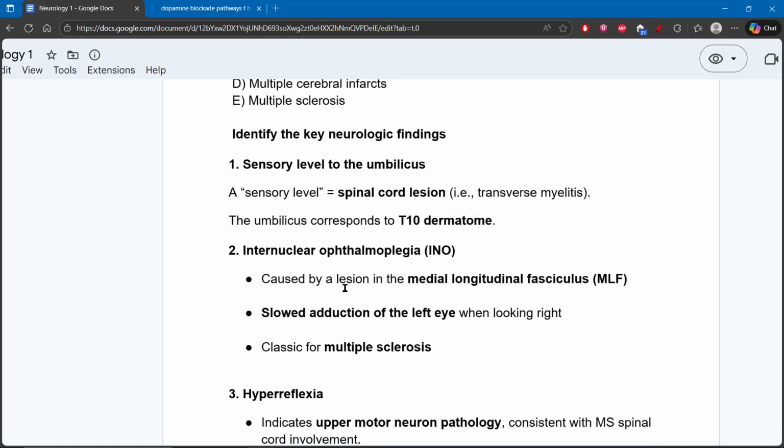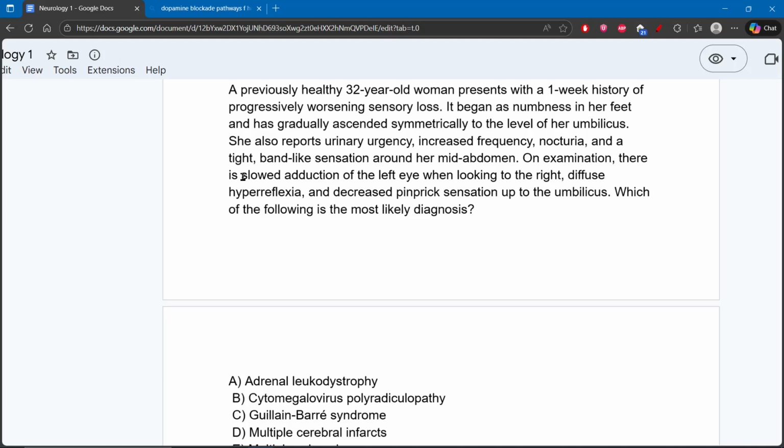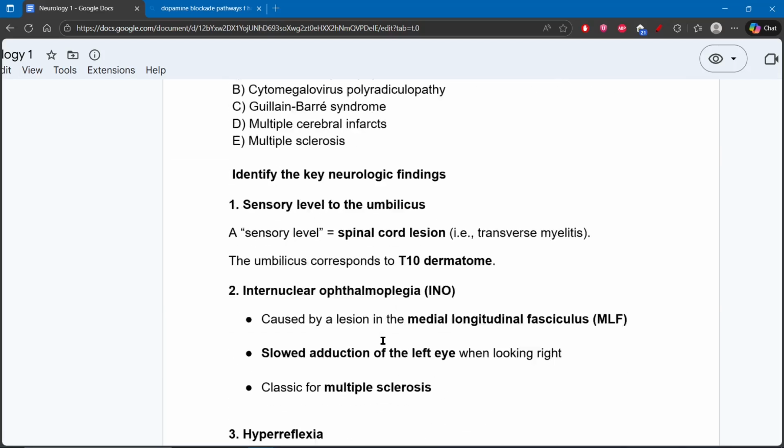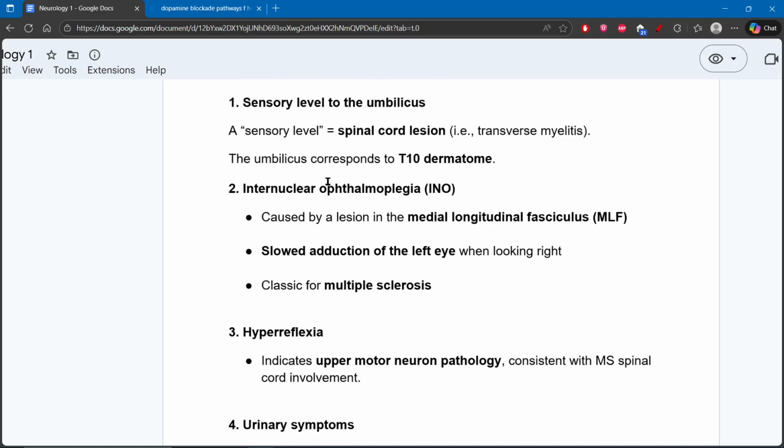Now, internuclear ophthalmoplegia is also given, as you can see that there is slow adduction of the left eye when looking to the right. This is internuclear ophthalmoplegia, which means that the medial longitudinal fasciculus is affected, and this is classic for multiple sclerosis. So already we are halfway through.